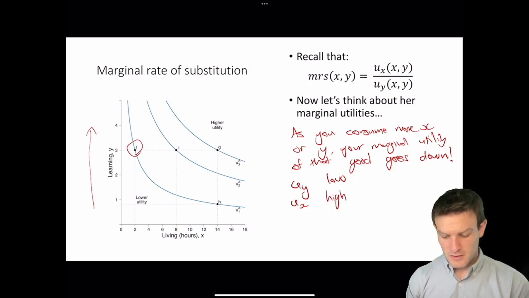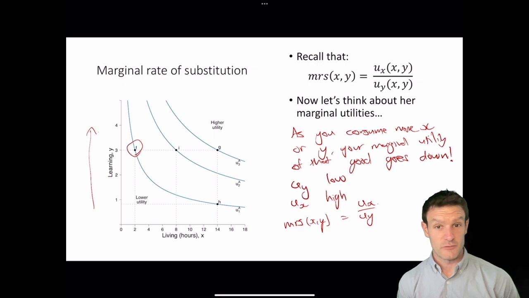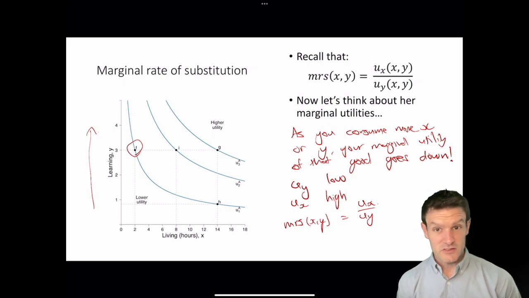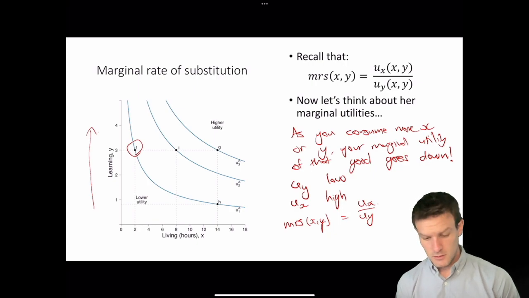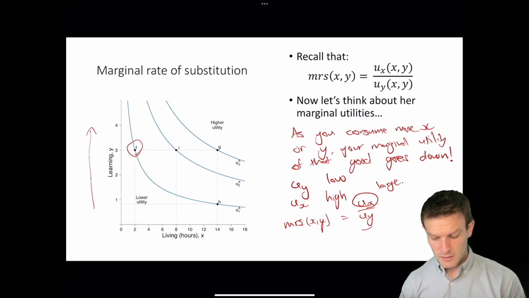Now remember, the marginal rate of substitution, MRS xy, is equal to ux over uy, or u sub x over u sub y, the marginal utility of x over the marginal utility of y. So when she has little x and lots of y, u sub x is large, u sub y is small.